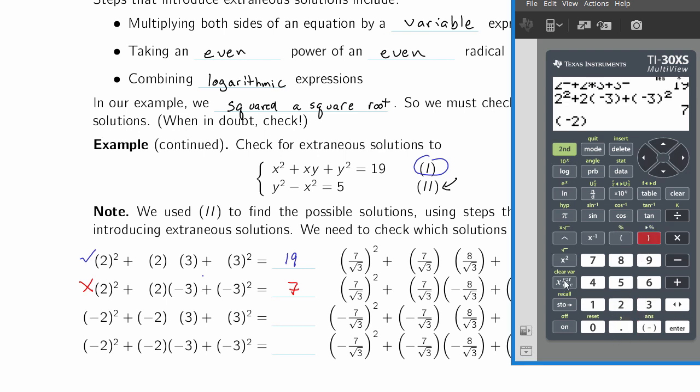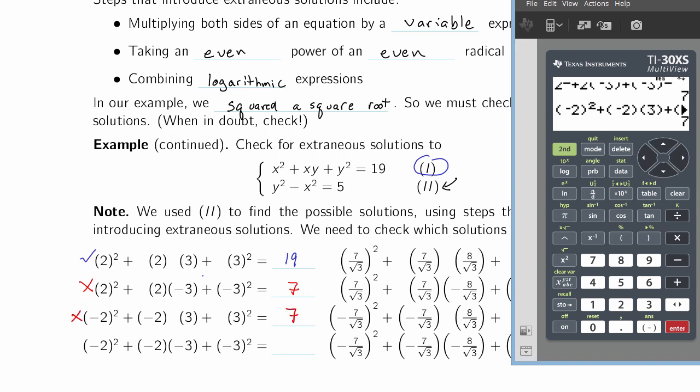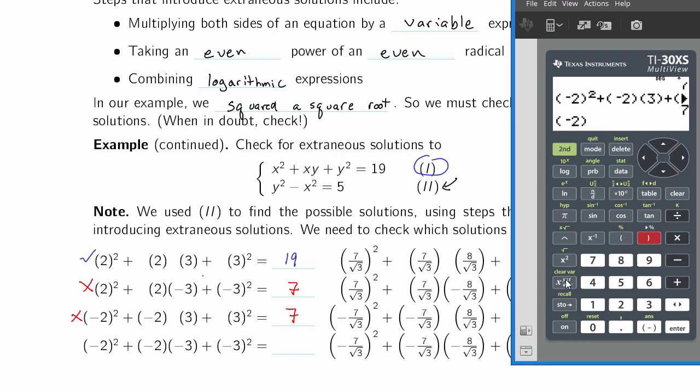Negative 2 squared plus negative 2 times 3 plus 3 squared. That's 7 again. So this one was not a solution. Negative 2 squared plus negative 2 times negative 3 plus negative 3 squared.